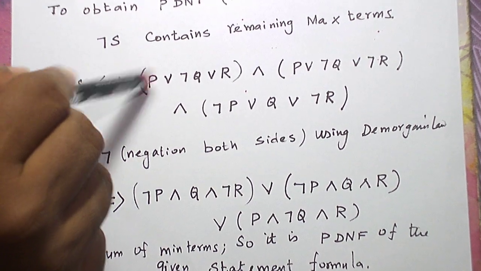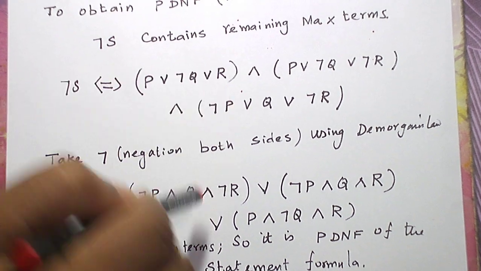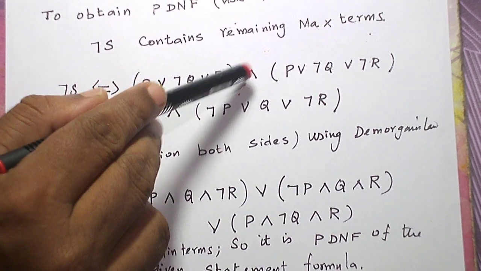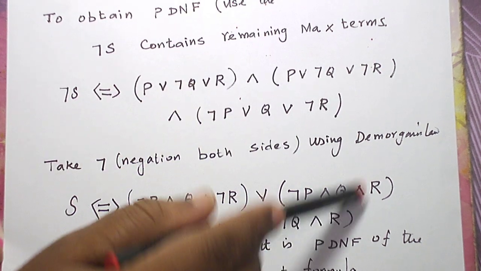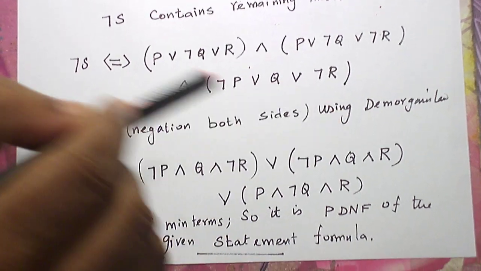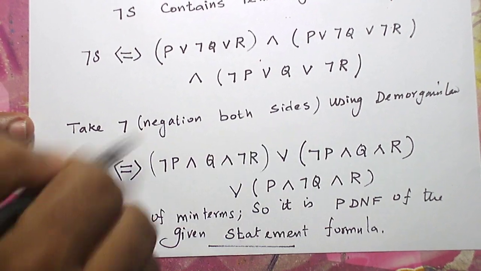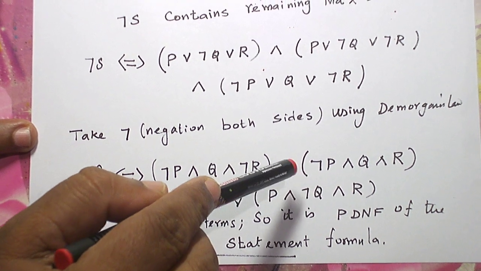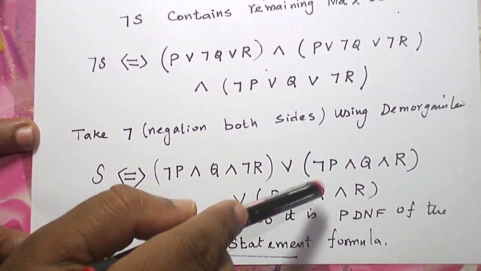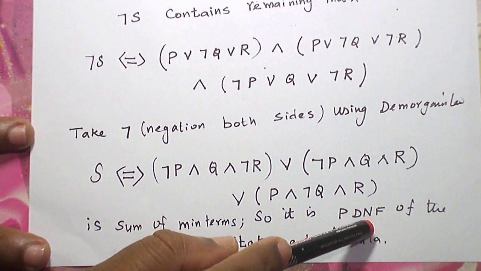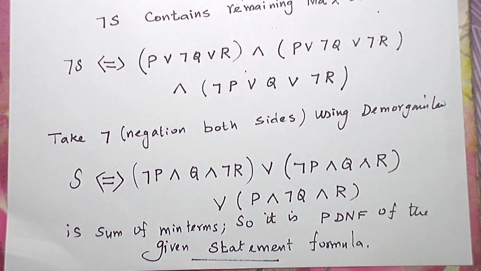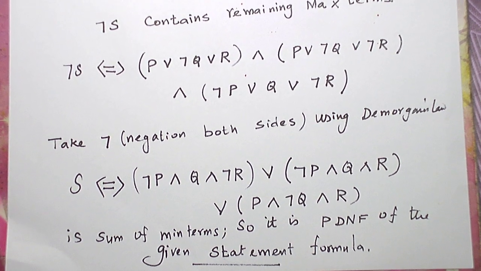So negation P and Q and negation R, this is the first term. Similarly, the remaining terms will appear using De Morgan's law. And look at this expansion. This is a sum of min terms. So this form is the PDNF, principal disjunctive normal form, of the given statement formula.